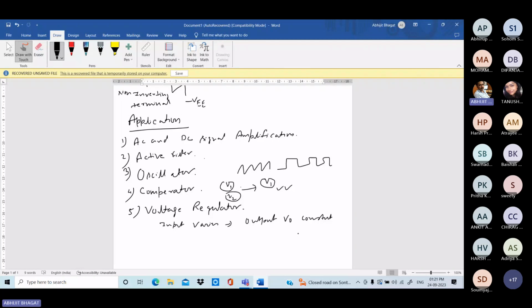If you supply a range of voltage across the input side, suppose V1 to V2, across the output you get the constant voltage V0. This type of voltage regulator circuit is also designed with the help of the op-amp.